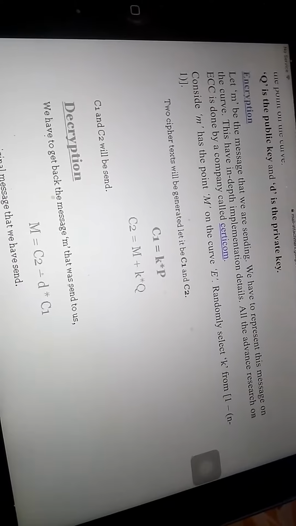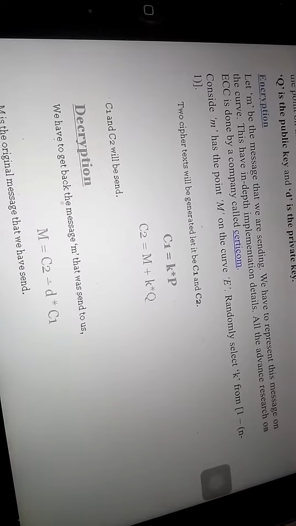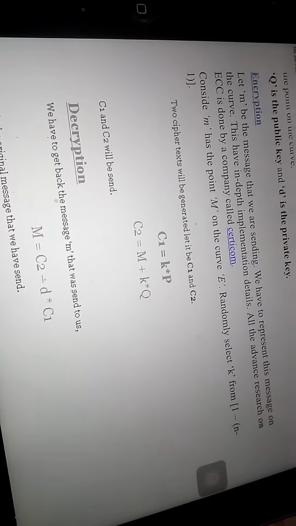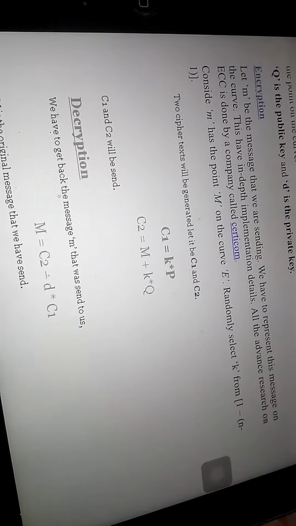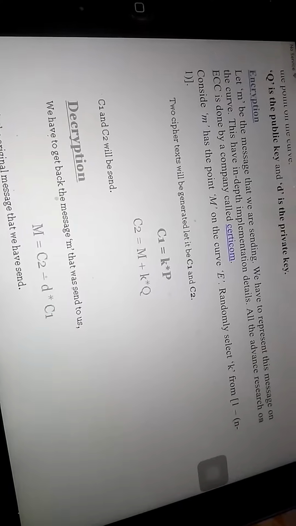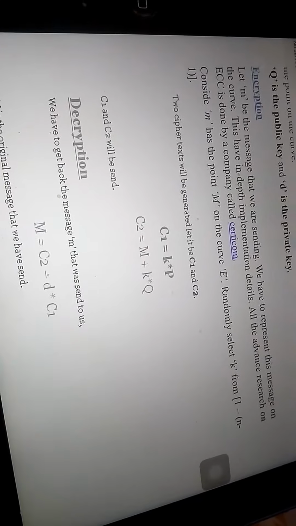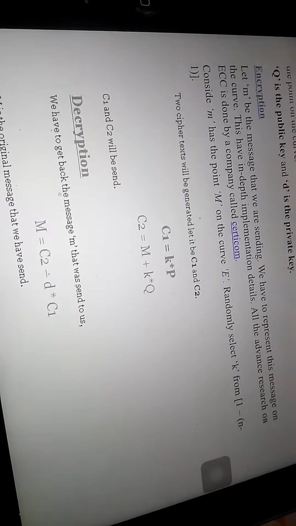After mapping the message onto the elliptic curve, we need to consider a point M, capital M, on the curve. After considering the point M on the curve, we have to select K from the given curve.